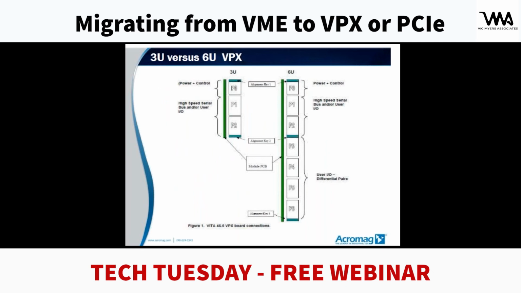In this illustration, you can see that there's a 3U VPX backplane on the left and a 6U VPX backplane on the right. A couple of observations from this slide is that P0, P1, and P2 are common for both the 3U and the 6U boards. When you go to the 6U architecture, you're adding 4 additional connectors. So your user I/O goes up quite dramatically.